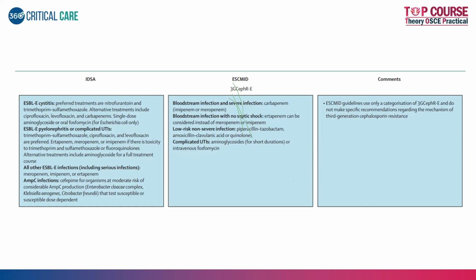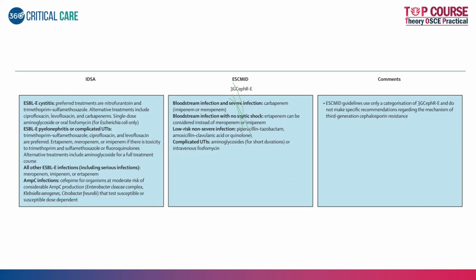Oral fosfomycin and single-dose aminoglycoside are preferred for ESBL cystitis when the organism grown is E. coli only. Otherwise, if it is non-E. coli cystitis, probably you might have to choose a fluoroquinolone or a carbapenem as a standard regimen for around 5 to 7 days.